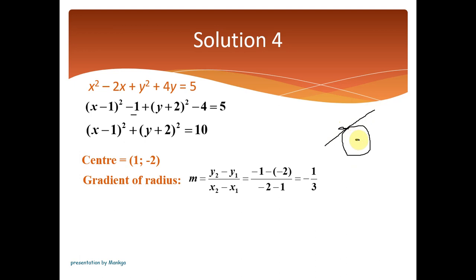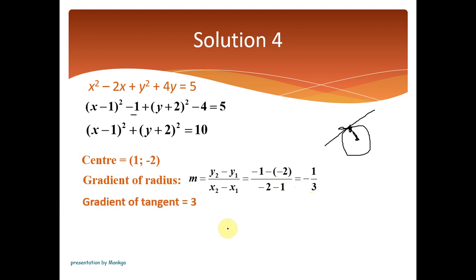So to get the gradient of the radius, we use the point of the radius and the point where they are making contact, the circle and the straight line. So that's why we substitute these values to get 1 over negative 3 or negative 1 over 3.